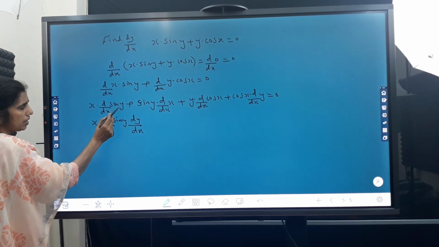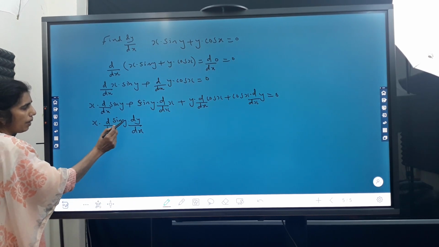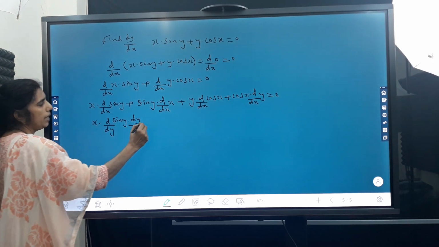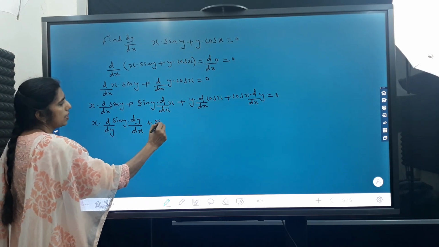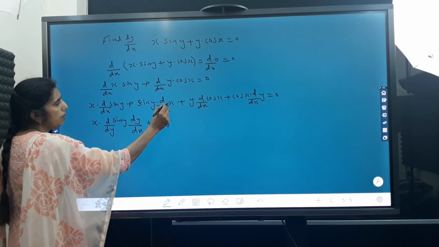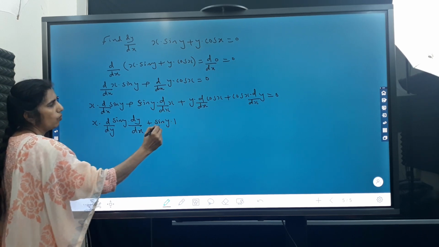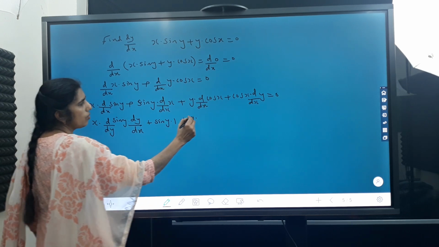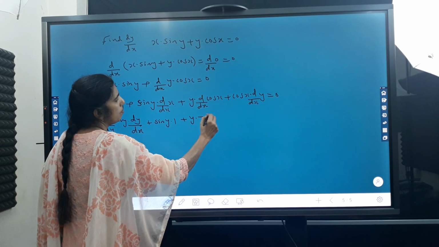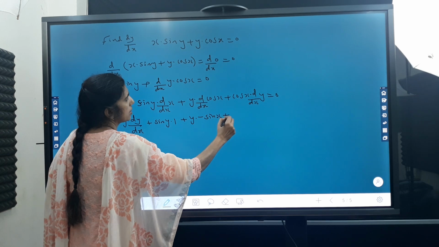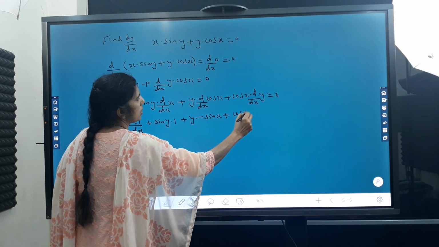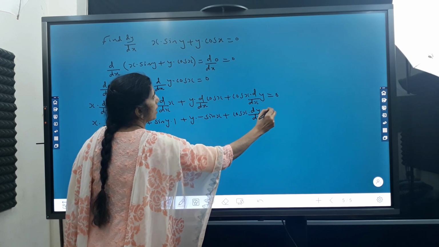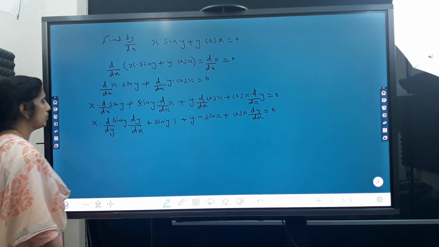So d by dx of sin y is d by dy of sin y into dy by dx, plus sin y into d by dx of x is 1, plus y into d by dx of cos x is minus sin x, plus cos x into, this remains dy by dx, equal to 0.